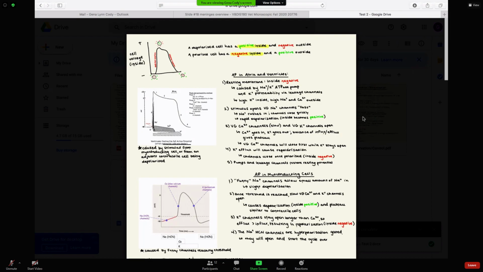The main difference to note about them is what causes them to reach threshold. In the contractile cells, that is caused by, and it's kind of vague, but it's just called stimulus. The stimulus can come from one of the myoconducting cells, like the SA node depolarizing and sending, oh my God, sorry, my cat just fell off the table.